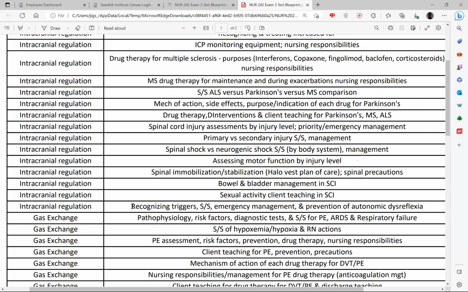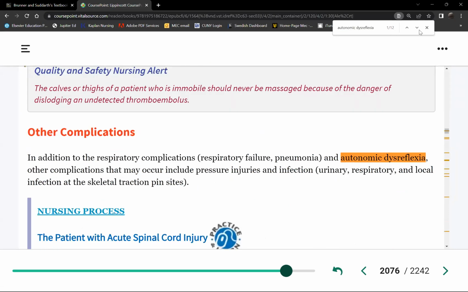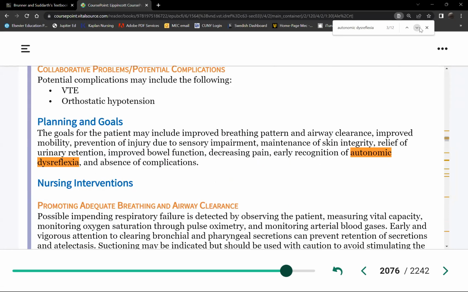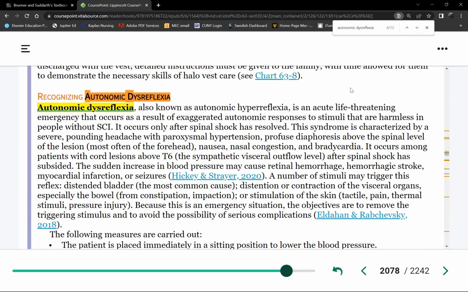So for autonomic dysreflexia, let's go to the triggers again, signs and symptoms, management, and prevention. So here are your signs and symptoms.